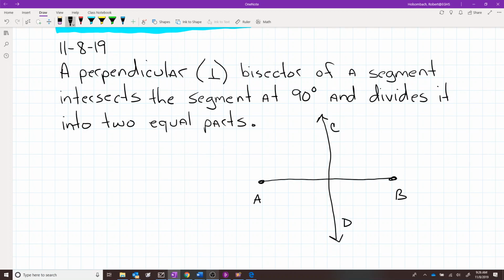And let's say that CD intersects AB at point E. If the angle of intersection is 90 degrees and AE is congruent to EB, CD is a perpendicular bisector of AB. Everybody good with that?